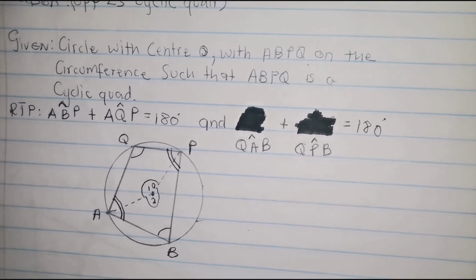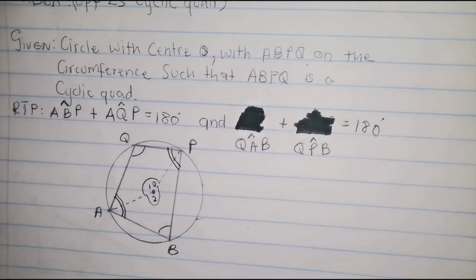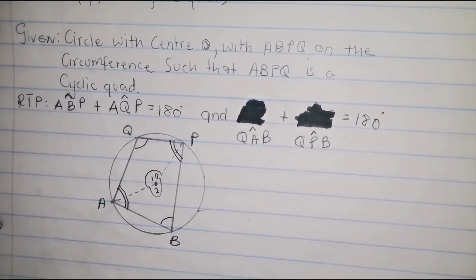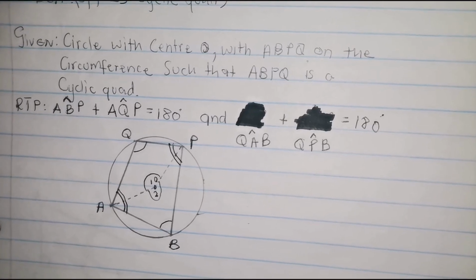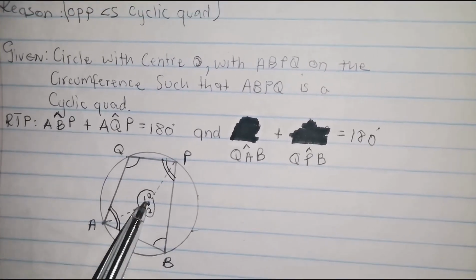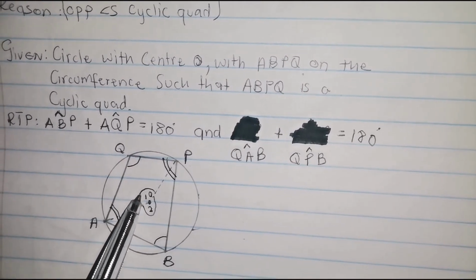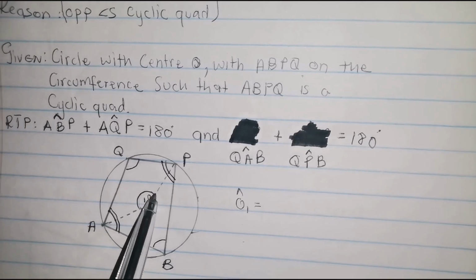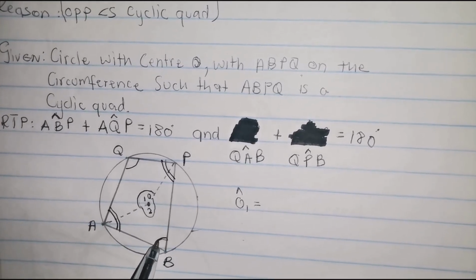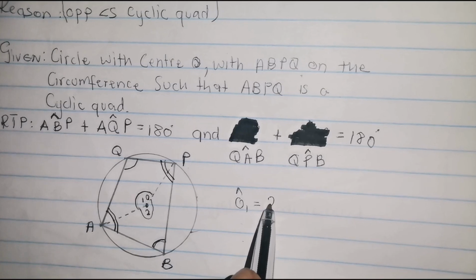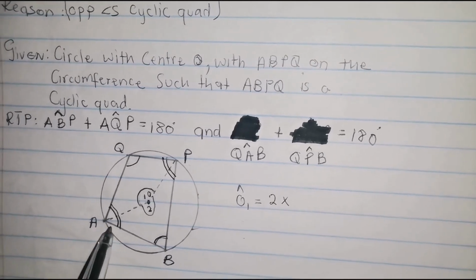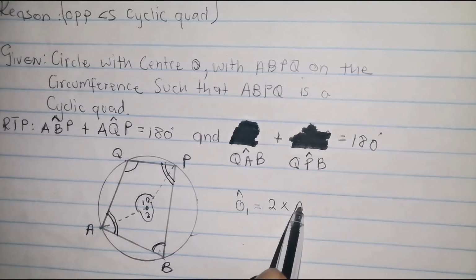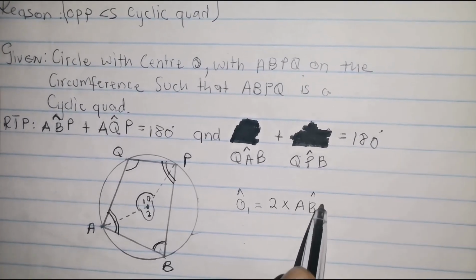So let us go back to theorem number 2, where it says that if you have an angle at the center, that angle at the center is equal to twice the angle at the circumference. Let us start with O1. O1 is this angle, and it is equal to 2 times angle ABP.